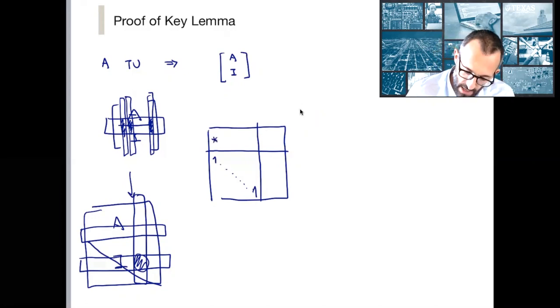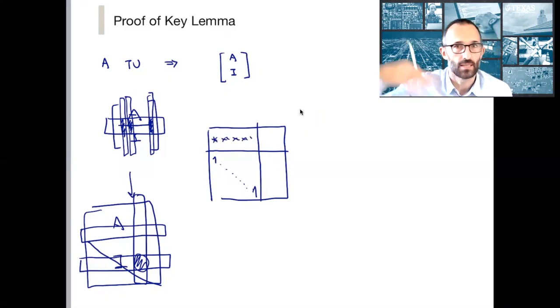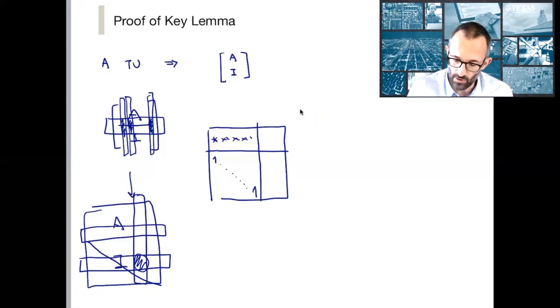Here it can have any values. This is not just one row on top. It's just things that come from A, and I don't care what those are. Up in this corner is a proper submatrix of A. And then here I have zeros.